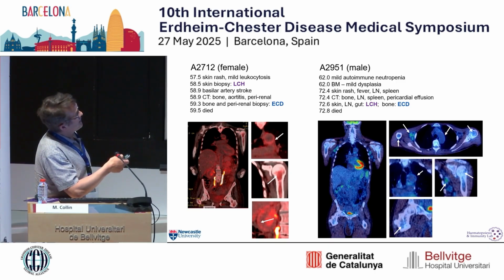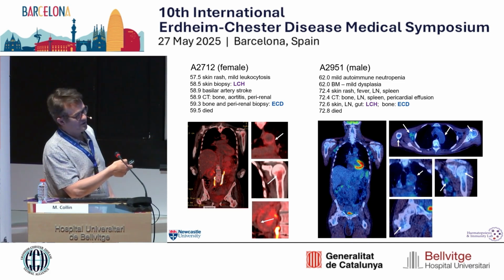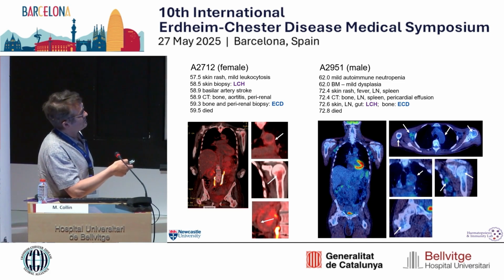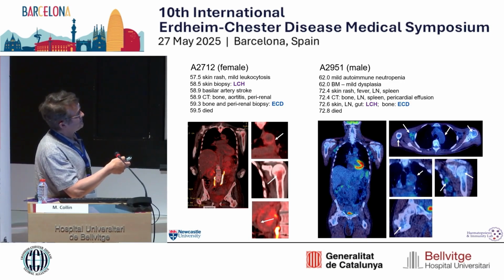The male patient had a 10-year sort of prodrome of mild neutropenia. He had a bone marrow at this point, which was reported as slightly reactive with no dysplasia. He was presumed to have an autoimmune neutropenia, but he subsequently developed constitutional symptoms with a rash.